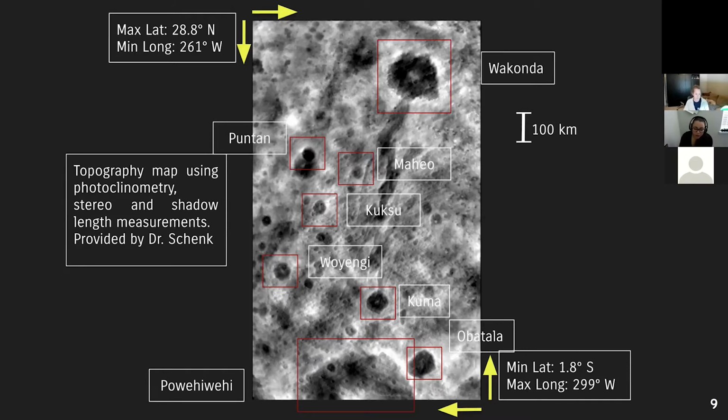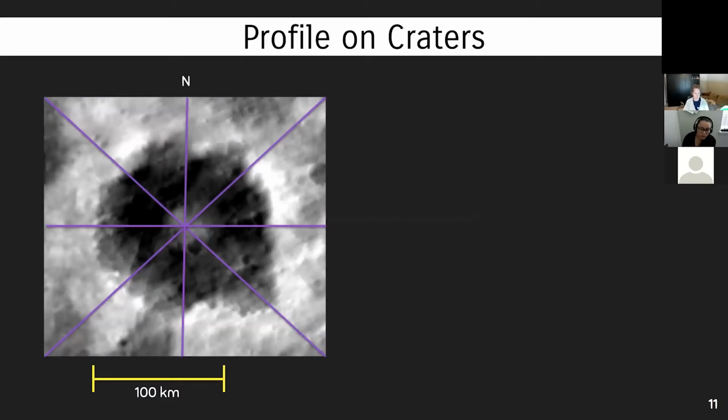Now that we know the location, I'm going to talk about how the measurements were done using Wakonda as the example. We used the QView tool in ISIS, and we measured the diameter and the depth of each crater by collecting 4 profiles. Each of these purple lines identifies one of those profiles, which are separated by 45 degrees.